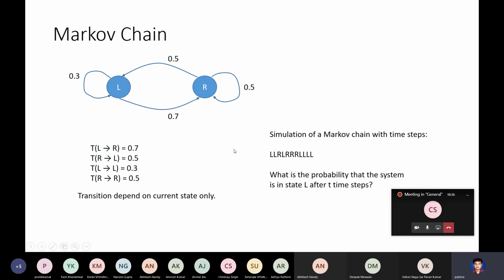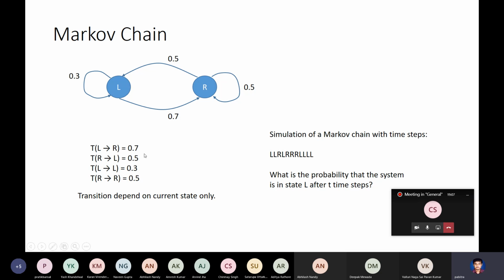So instead of just a discrete, finite number of states, the states can be anything on, say, R2, the two-dimensional coordinate system. And you characterize a Markov chain by the transition probability from one state to another state. So I write it this way, T(L to R). This is the probability of going from L to R.